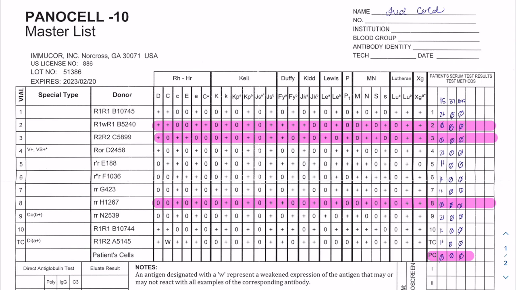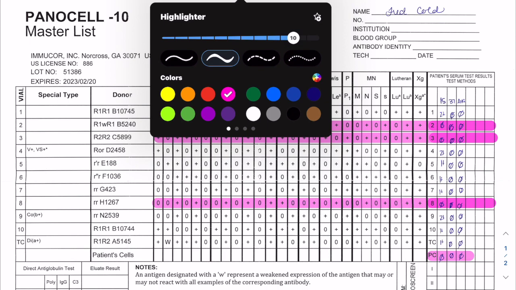I went ahead and highlighted our negative cells right here. So we did get some negatives. They weren't all positive and reacting like the last one we looked at. I didn't do the cross-offs specifically on this one because I just want to show you this example here. I'll get a different highlighter in here.